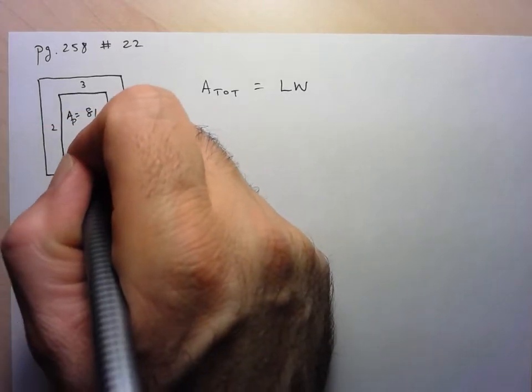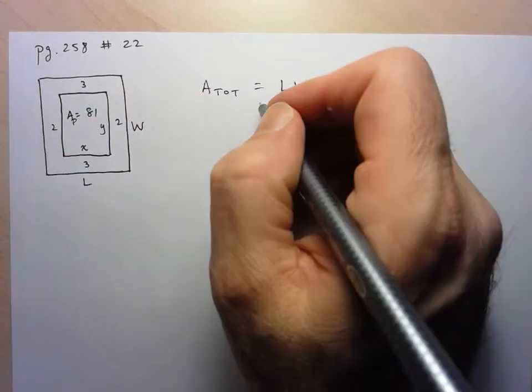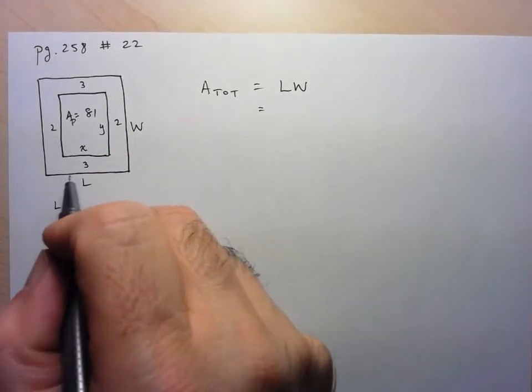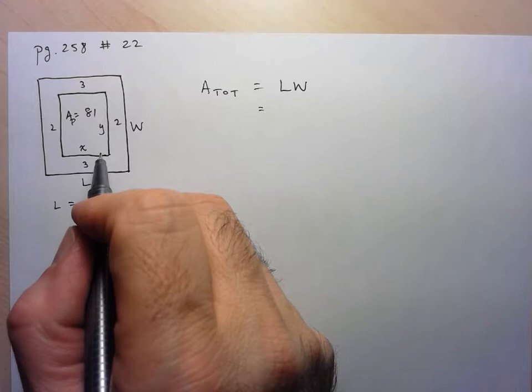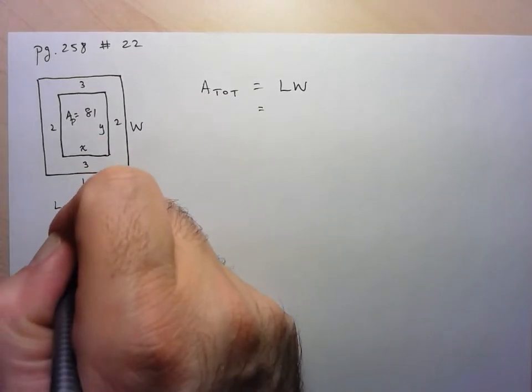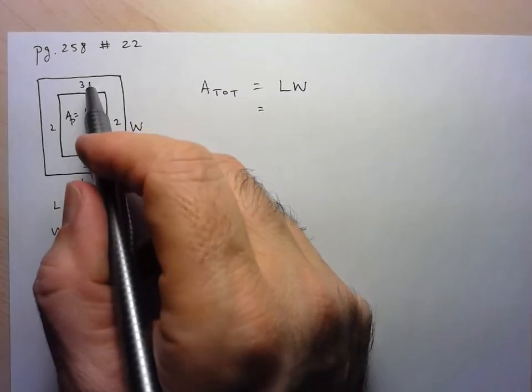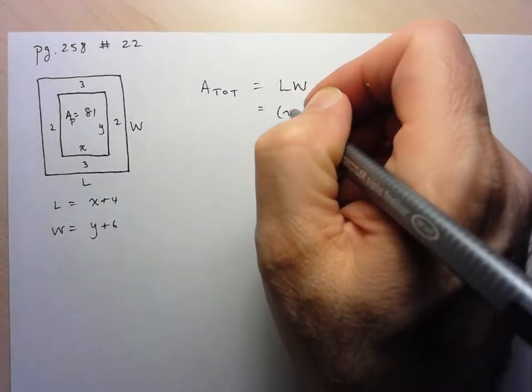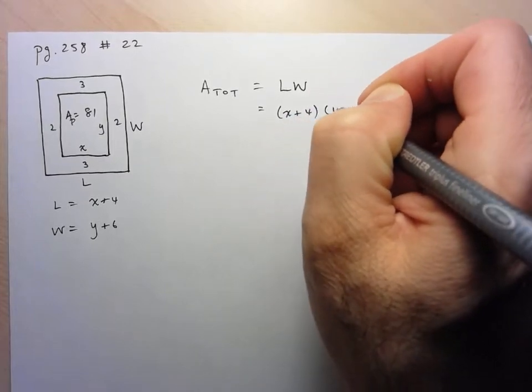Let's say I call this X and I call this Y. So first of all, I can write the length of the paper as X plus 2 plus 2, so X plus 4. Okay, and the width can be Y plus 3 plus 3, so Y plus 6. So I can rewrite this as X plus 4 times Y plus 6.